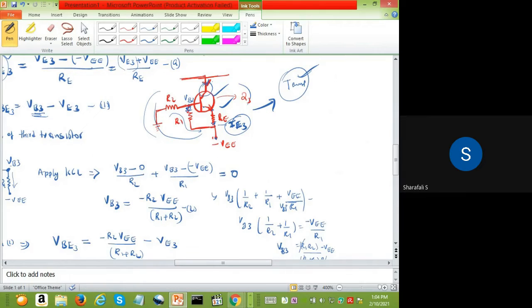That is not that important, but just remember that this is the diode which is connected, because sometimes we connect one diode like this before that resistor R1. If temperature increases, minority carriers will come and that will change the current. In order to avoid that, we will also connect one diode here.